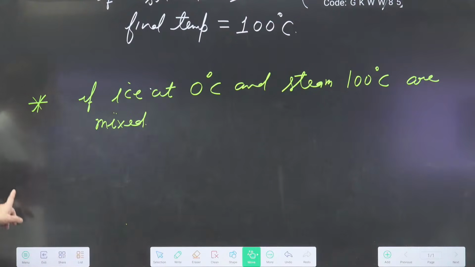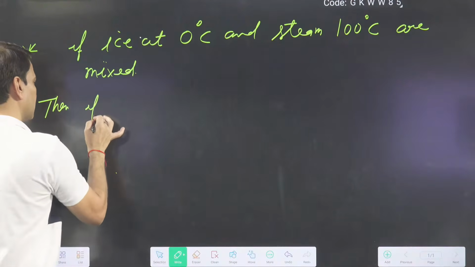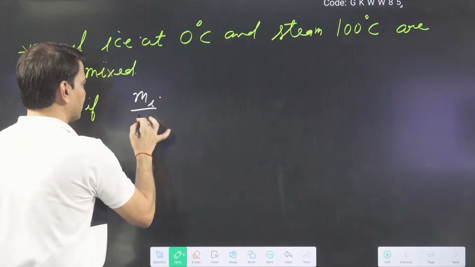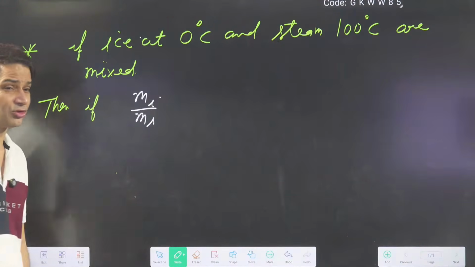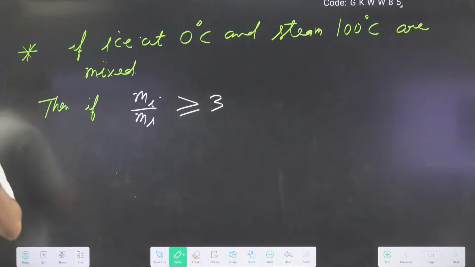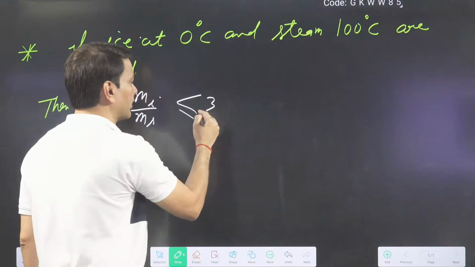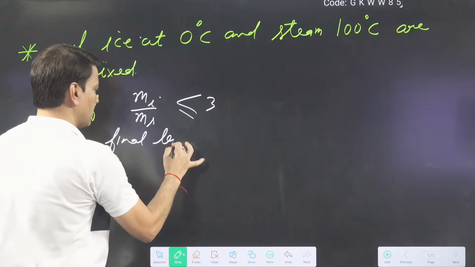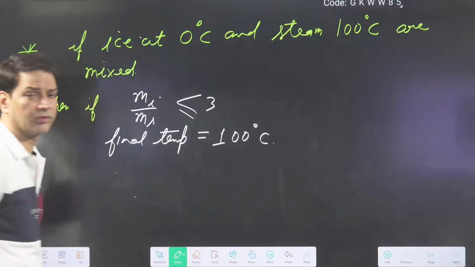Then first we will find the ratio, mi by ms, mass of ice upon mass of steam. First check if this ratio is less than or equal to 3. Suppose this ratio is less than or equal to 3, then the final temperature will be 100 degrees C.